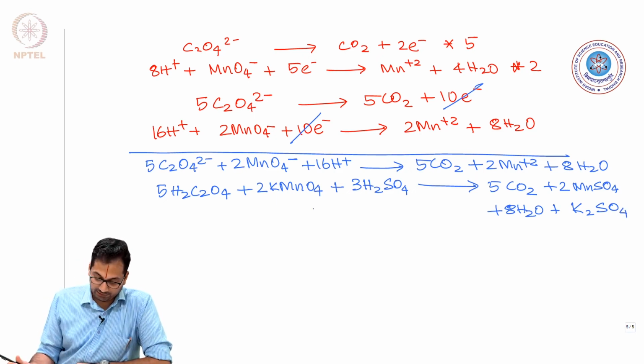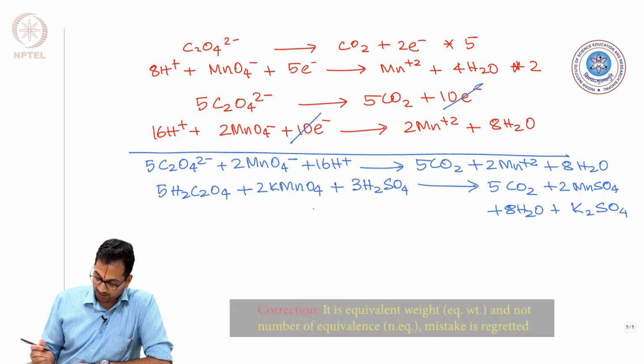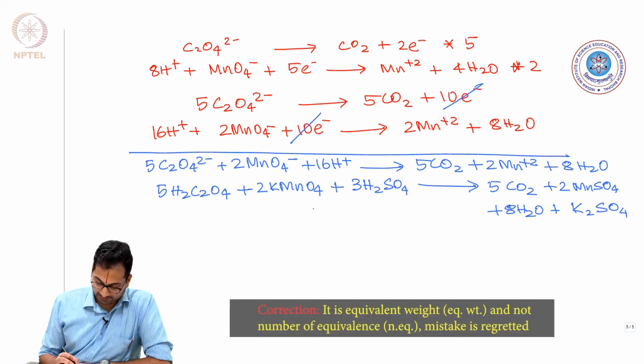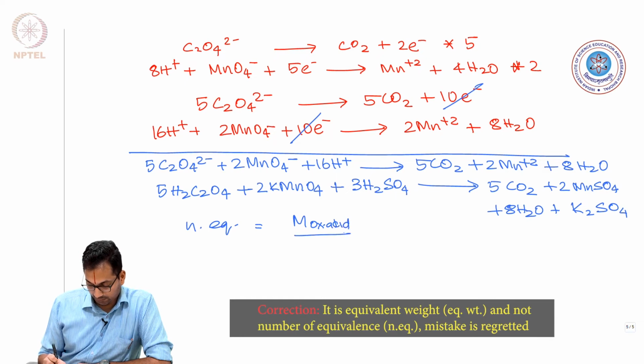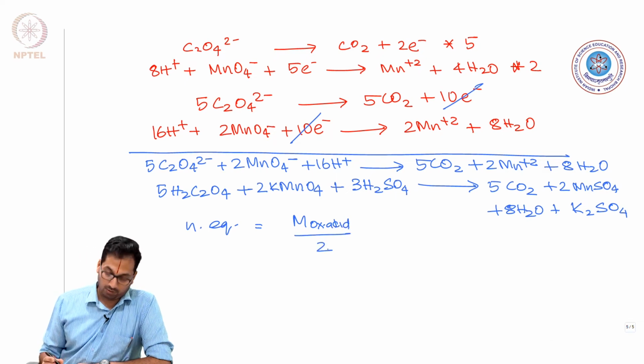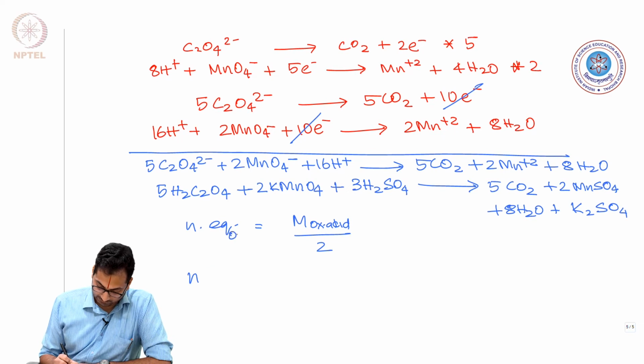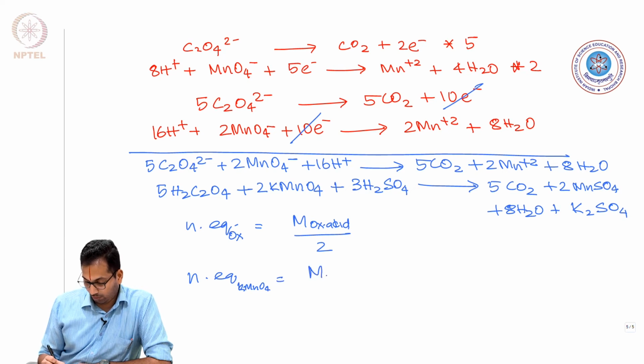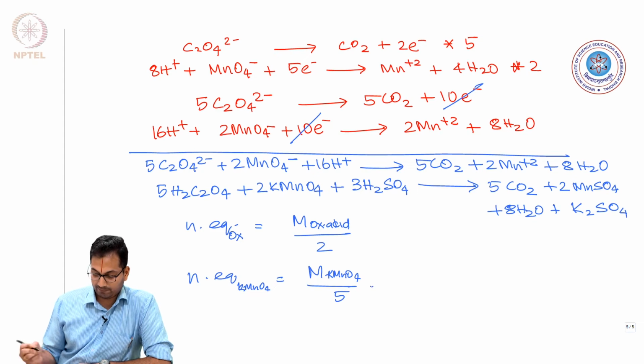So now that we have done this, the equivalent of oxalic acid is going to be given by the molecular weight of oxalic acid divided by 2, while the equivalent of KMnO4 is going to be given by the molecular weight of KMnO4 by 5.